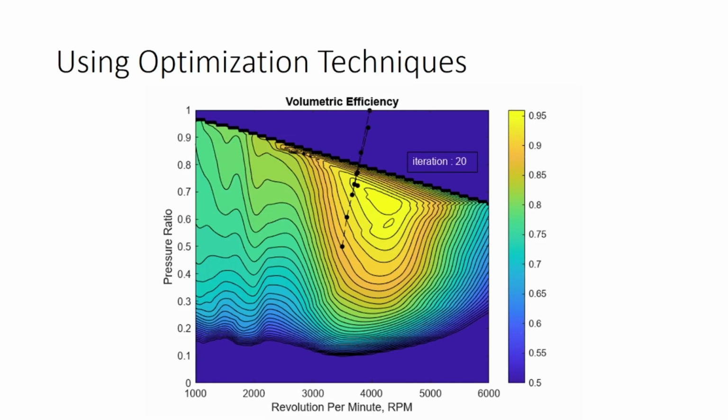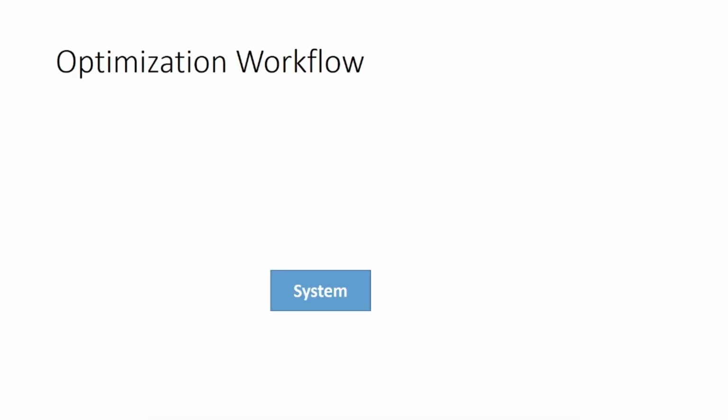The optimization technique uses some approach to understand in which direction to search for the optimal point. In this way, the optimization techniques can guarantee that that will be the optimal point, and it will search for the optimal point in very less time.